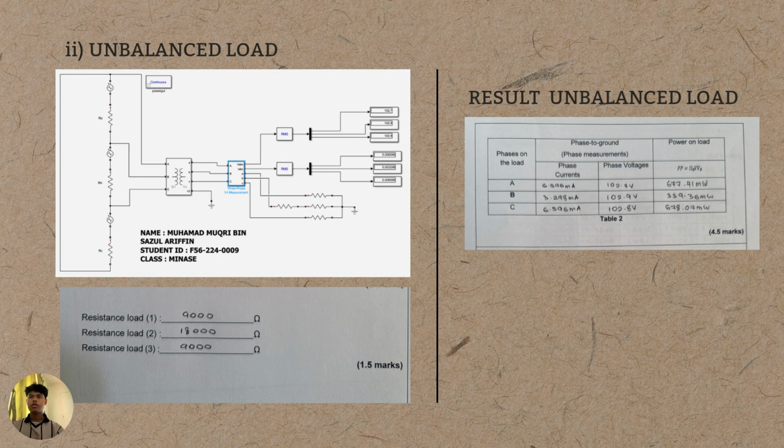This experiment was particularly useful in demonstrating the consequences of unbalanced loading, such as increased neutral current, voltage distortion, and reduced efficiency. It highlighted the importance of load management and system design in real-life electrical networks.